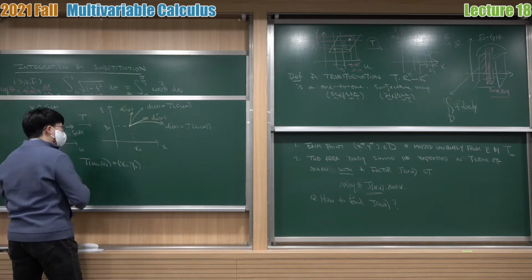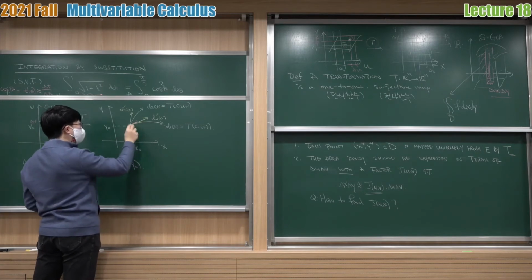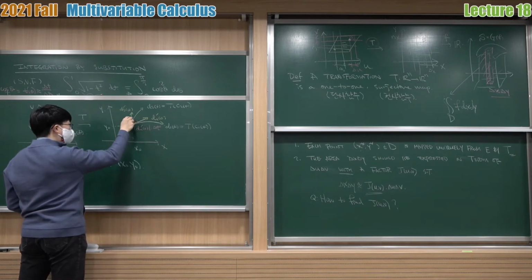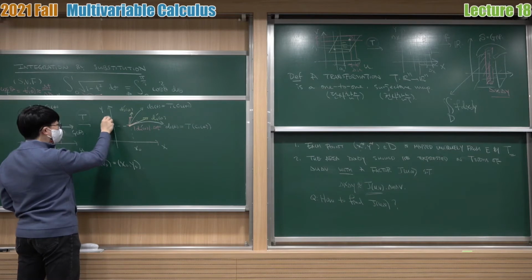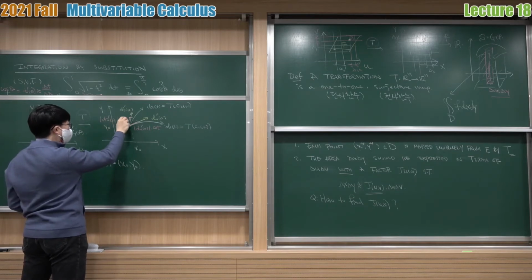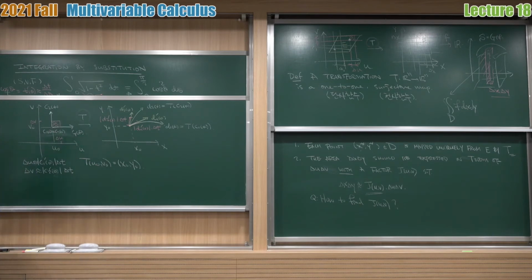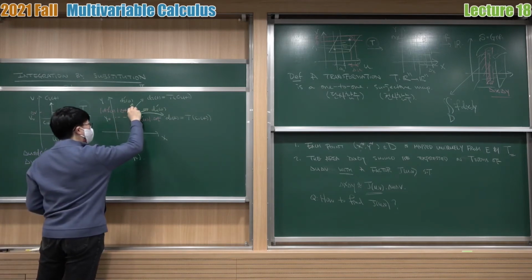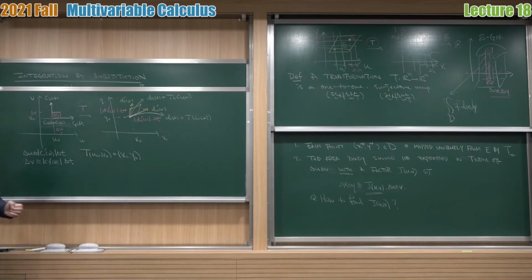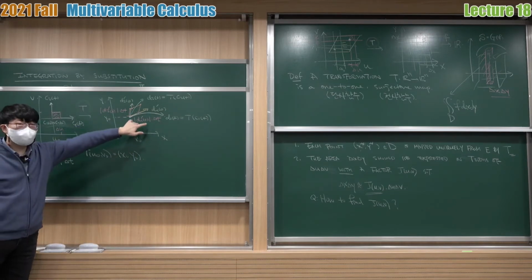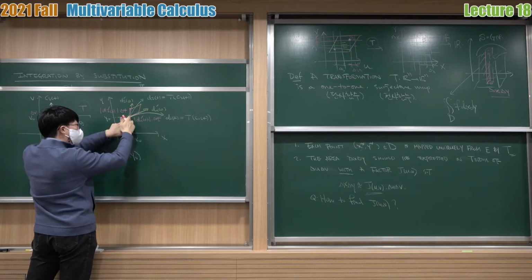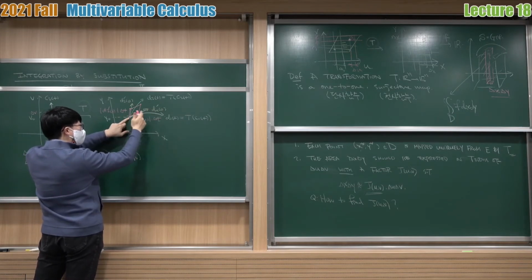So the actual movement is D1 prime 0 times delta t, and also D2 prime 0 times delta t. I want to compare the area of this rectangular box with the area of the parallelogram bounded by these two vectors.